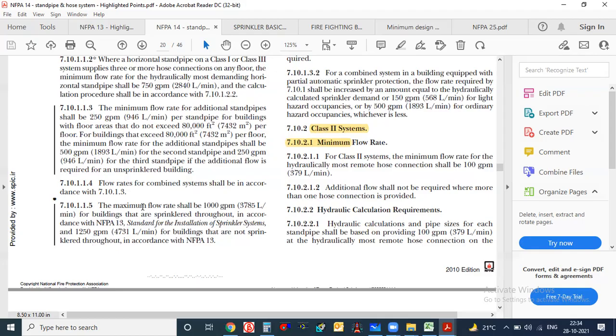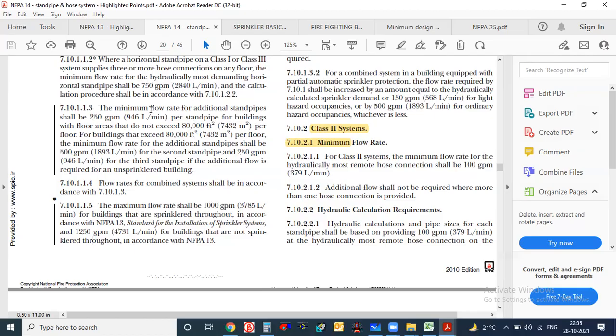This is the maximum. Later you will teach us how to calculate the GPM of the pumps. Allied software will automatically teach us how to do the GPM calculation, because it will calculate everything, the GPM and how the GPM is distributed. We just need to follow certain steps.